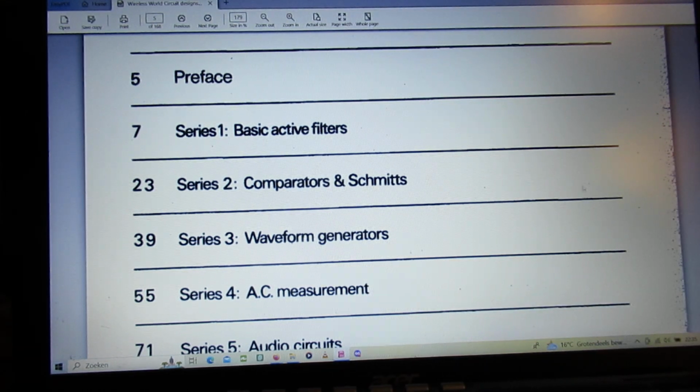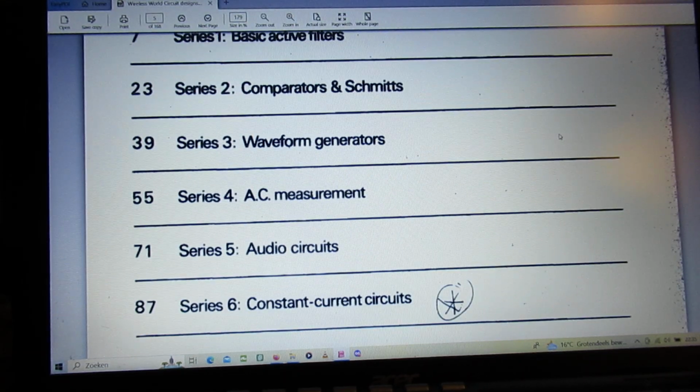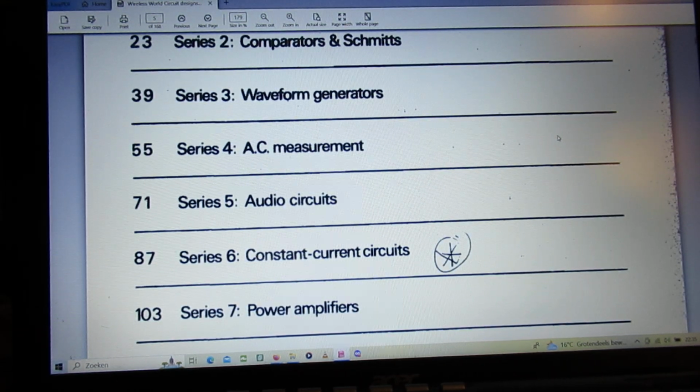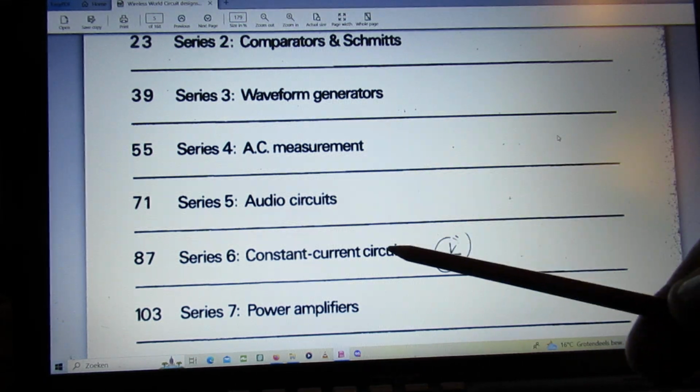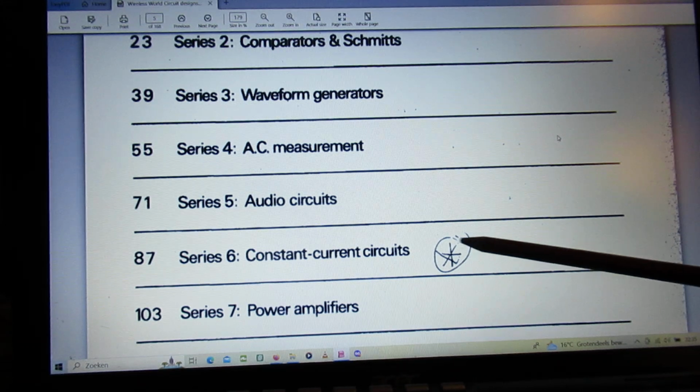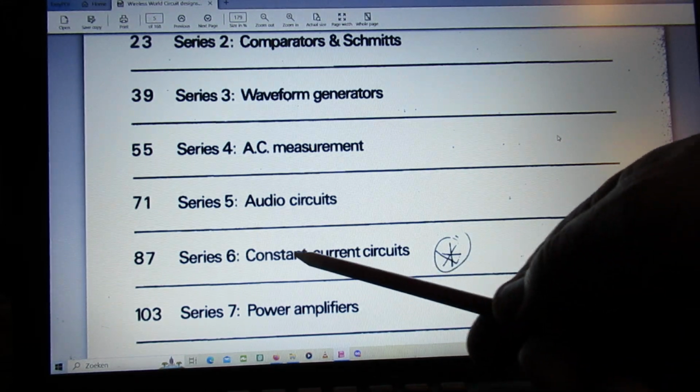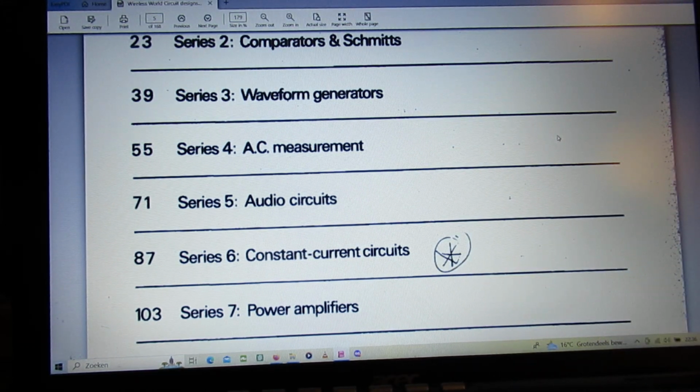So a lot of information, and like I told, the best thing is that they show practically tested circuits with all the ins and outs, so that you can also do adaptations. For instance, I pick up one of the items: constant current circuits, power amplifiers.